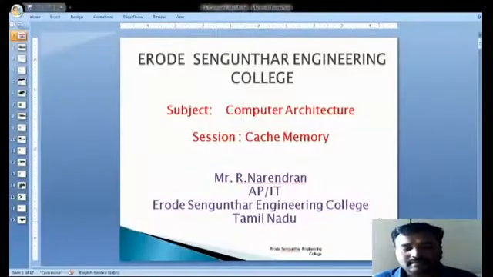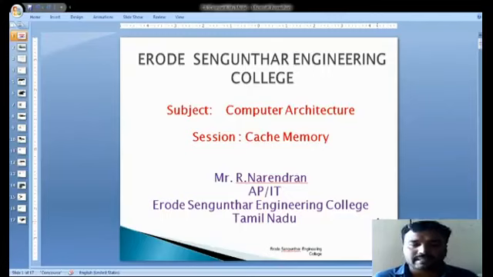Good morning all. Welcome to the session of computer architecture. In this series, we are going to see the concept of cache memory, including the various problematic and performance oriented topics.